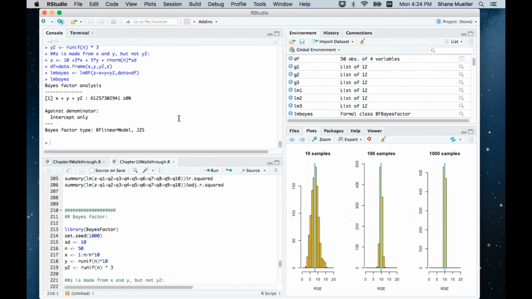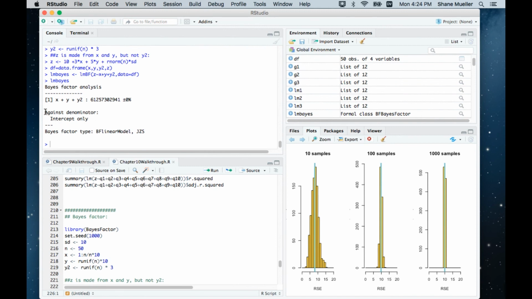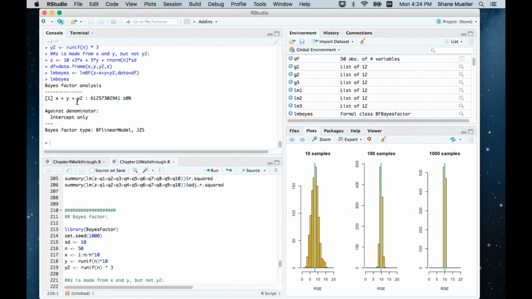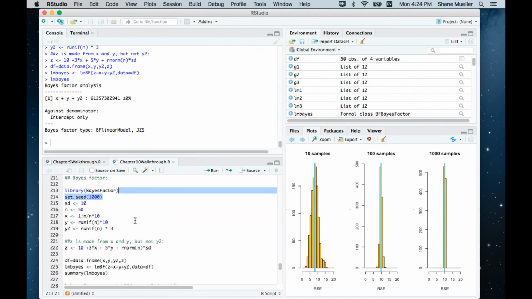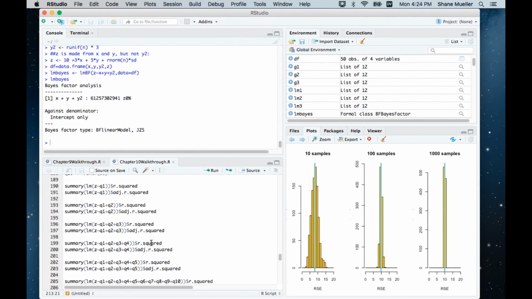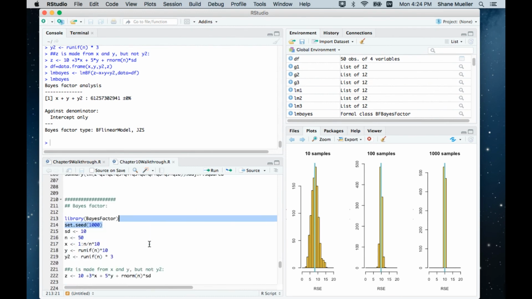And you can see there's strong evidence for this model in comparison to the null model, which is the intercept only. You say against denominator intercept only. So even though we know y2 isn't important, this model is still better than the intercept only model. So you still have to think about, do I need all of these? Should I compare x and y2 versus x and y and see if that's any better? On its own, the LMBF doesn't really help us much. But let's see.